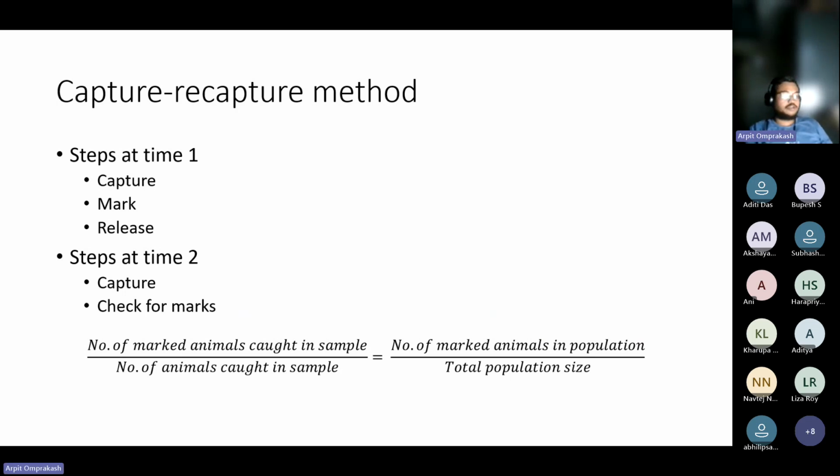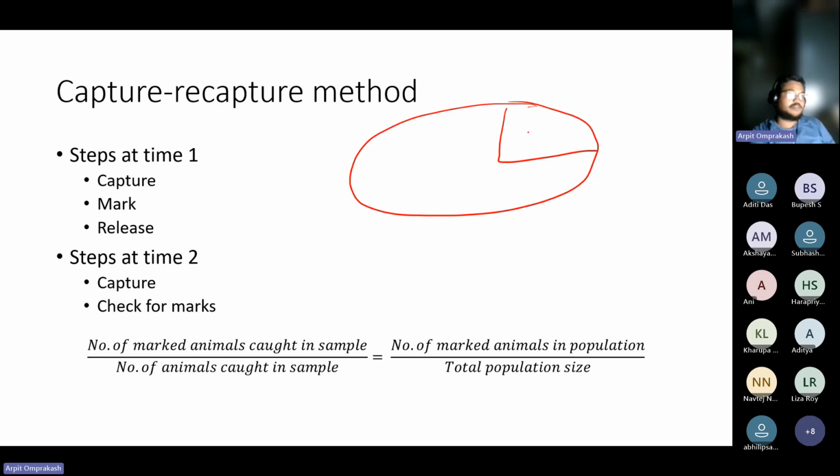So the next method to measure population density or population size is something called the capture-recapture method, or the mark-capture method. Basically, let's say this is the whole area. We go to a particular place and capture some individuals.